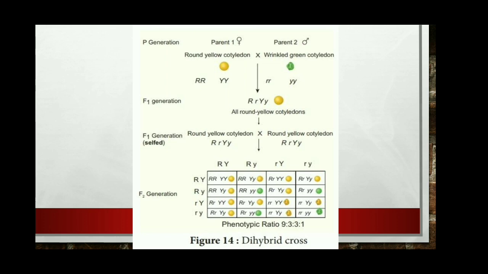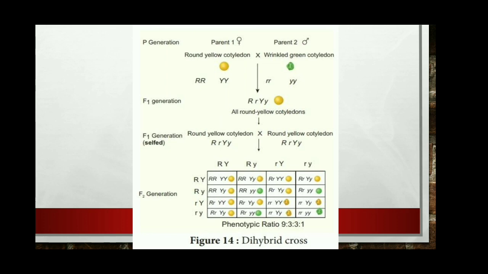In the dihybrid cross experiment, Mendel selected pure breeding pea plants. Pure breeding means plants producing the same trait generation after generation. As I told you, in this experiment, he selected two parents, a round yellow seeded parent and a wrinkled green seeded parent, both pure breeding varieties.